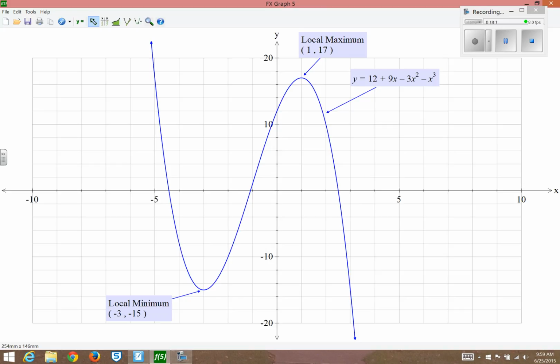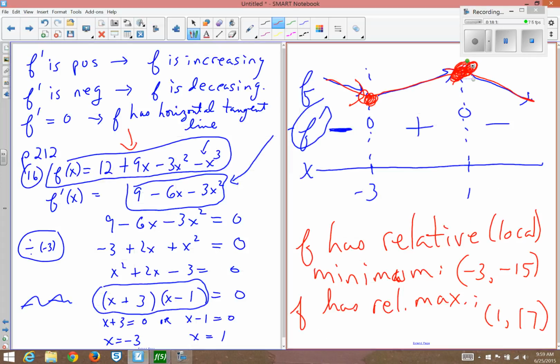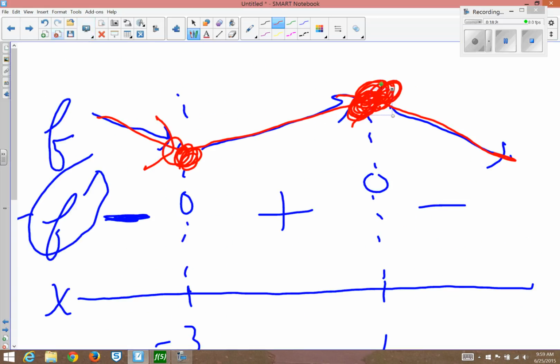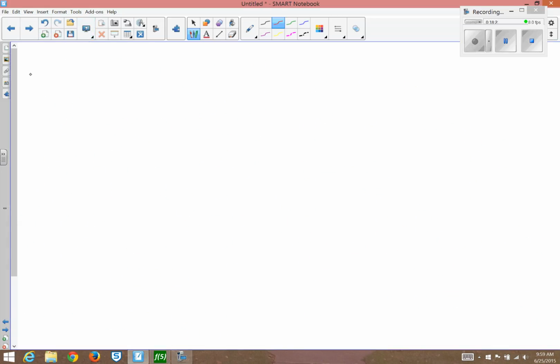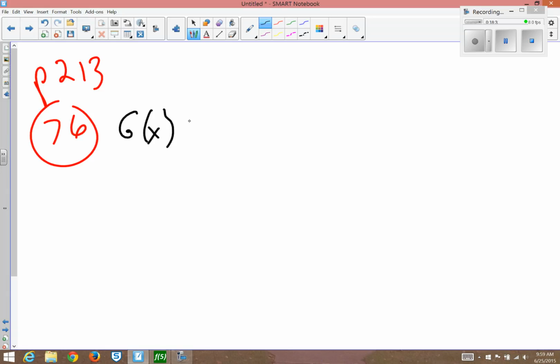There's one more exercise in this video. It's number 76. It's on page 213. It says g of x has a positive derivative in this interval from -infinity up to -2.